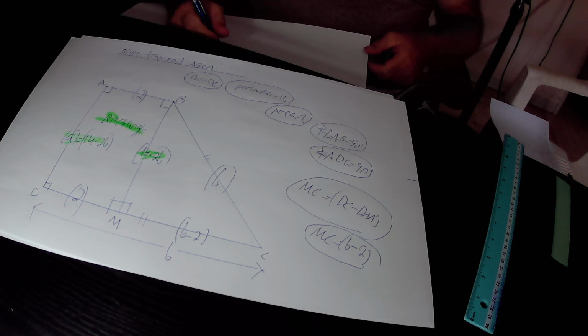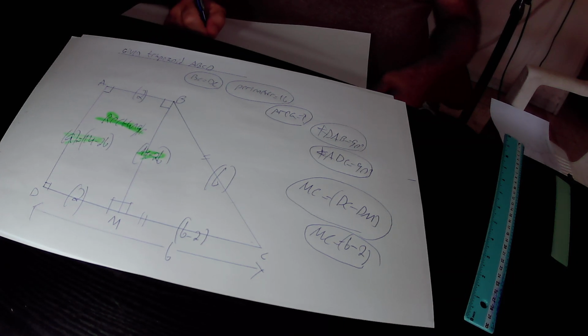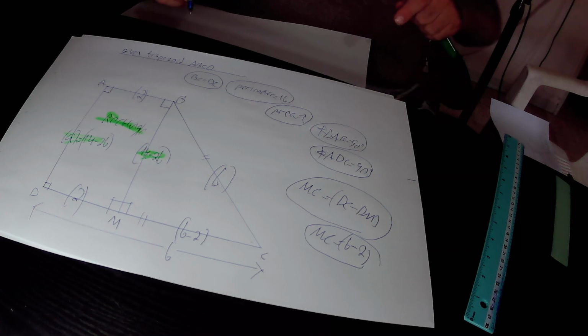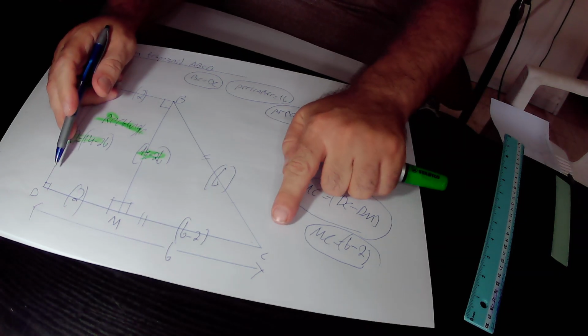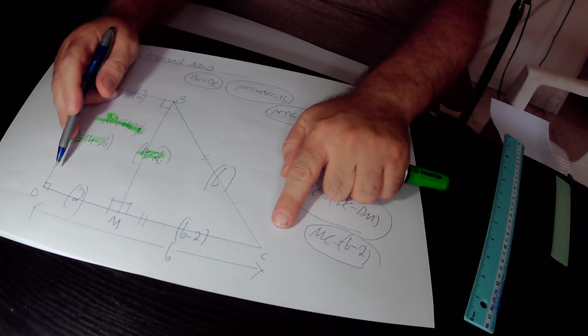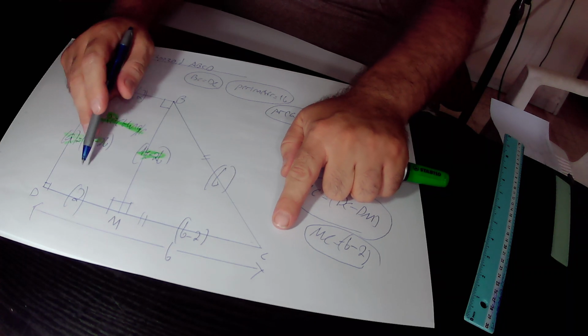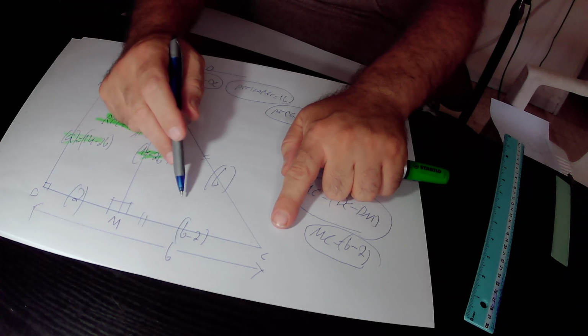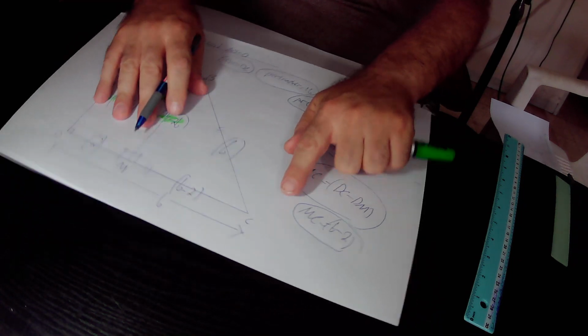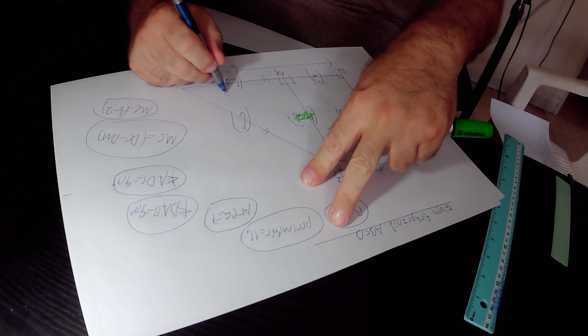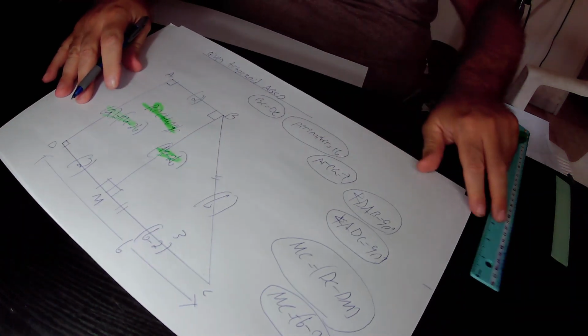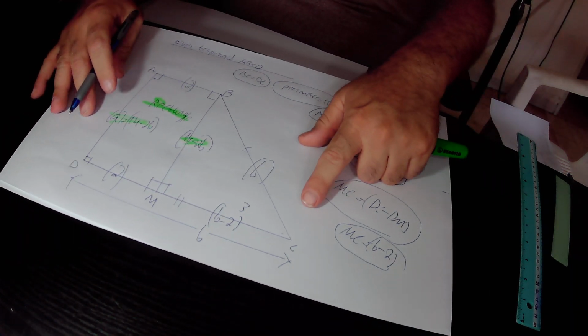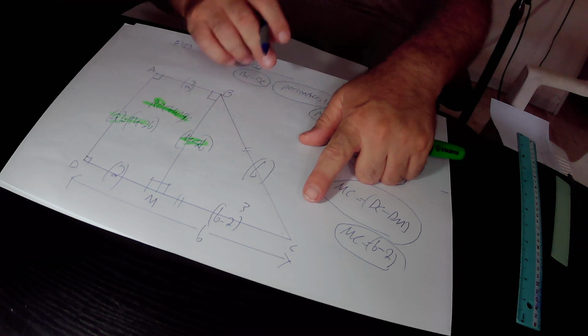AB is 2, so we substitute AB by 2, plus DC. DC in total is DM plus MC. DM is 2, plus MC. MC is b minus 2, but b is 5. So b minus 2 is 5 minus 2, that is 3. So in total, DC equals 2 plus 3, that is 5.